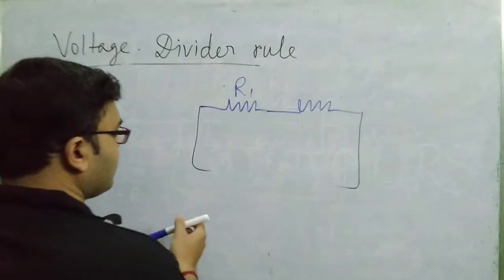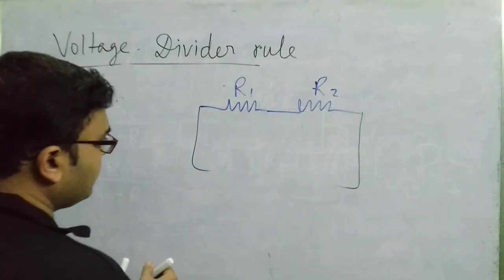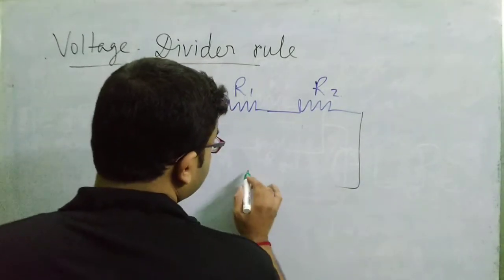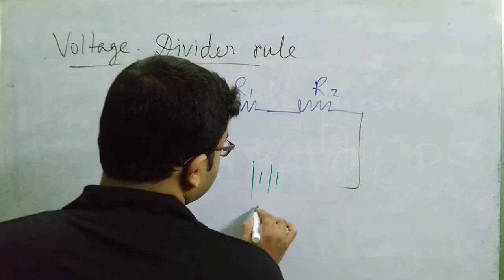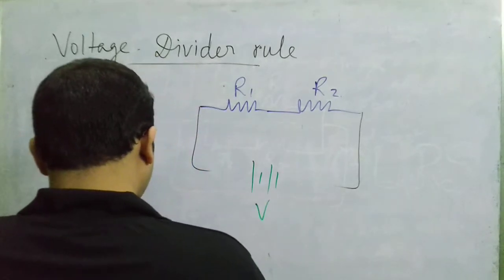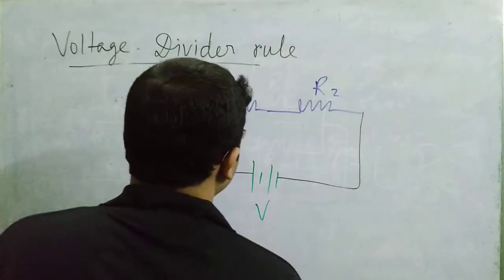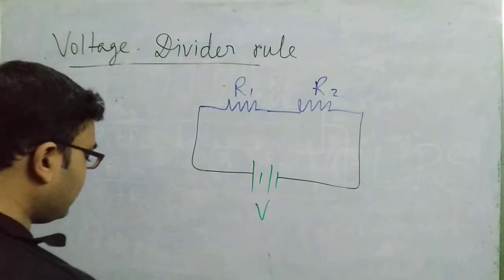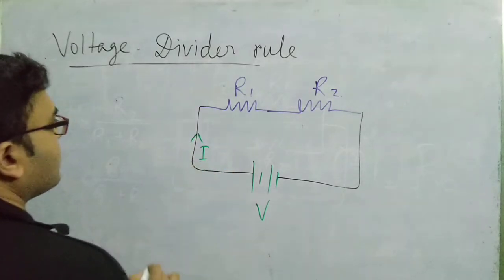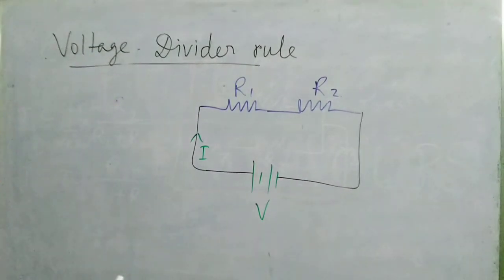Here we are considering a voltage source providing a total voltage of V, and we connect this source to the main circuit. What happens? Current cannot get divided because current gets only one path to flow, but the voltage is divided across these two resistors.